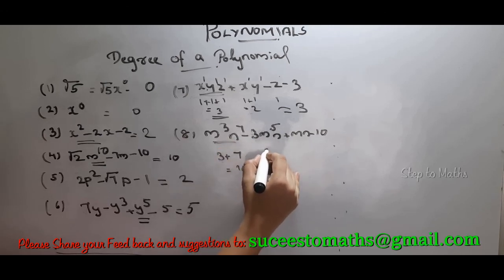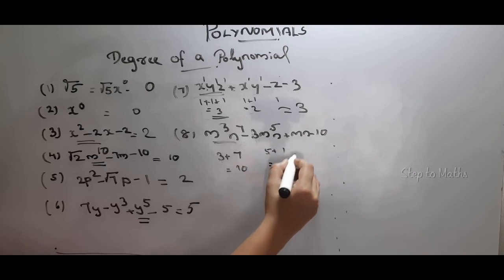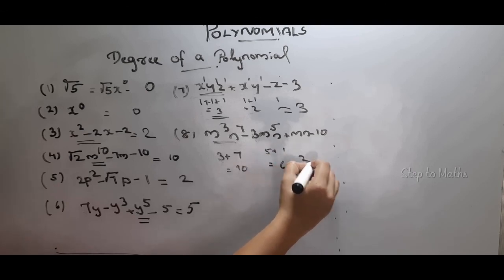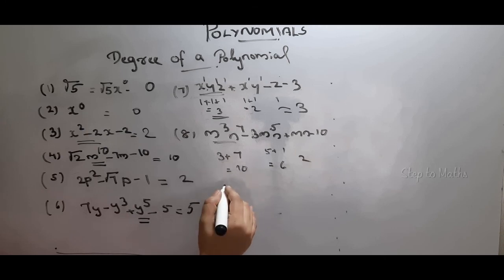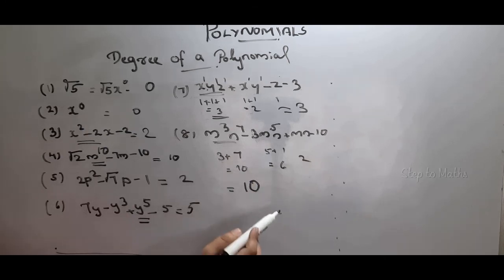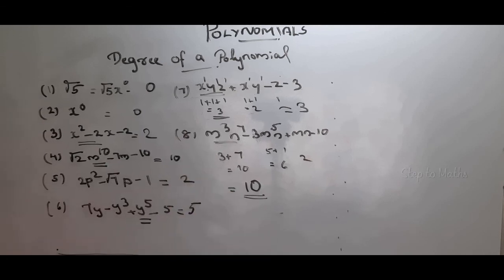This is 5 plus 1 equal to 6 and this is 1 plus 1, 2. Which is the highest power? 10. So the degree of this polynomial is 10. In this way, we can find the degree of a polynomial. Thank you.